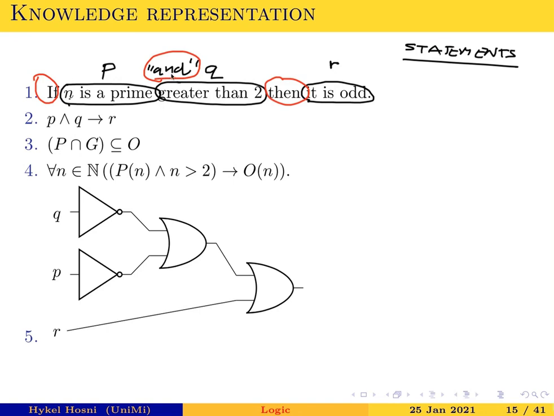So this is AND, which in logic you write like this, and then you have an if-then, which connects this first bit with the second bit, captured by this arrow here. So this is how you read it: if n is a prime number and n is greater than 2, then n is odd. So 2 is a translation of 1 in what is called propositional logic.